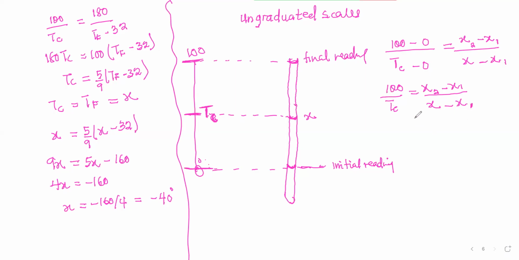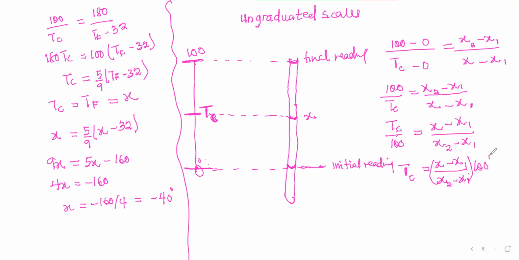Then make whatever I'm looking for the subject. Turning the left-hand side up, we have Tc over 100 equal to x minus x1 divided by x2 minus x1, and that corresponding temperature Tc would be equal to this length ratio times 100 degrees Celsius.